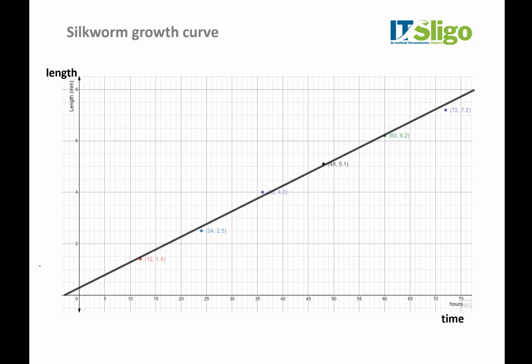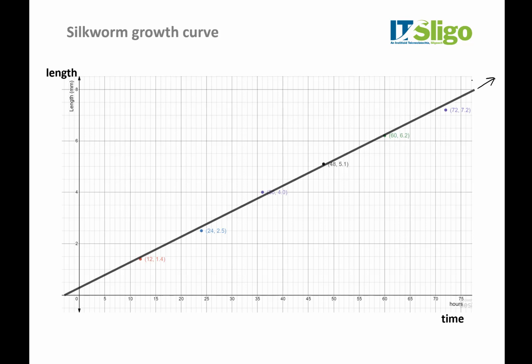Now, in the next lecture, guys, we're going to apply analysis to this. At the moment, we're just taking a look at how we graph our function. What we'd like to be able to do is develop a function for it. At the moment, we only have data, but we'd like to be able to predict, well, what's going to happen in 2 weeks' time? Where's the graph going? How big will the larvae be in 2 weeks?